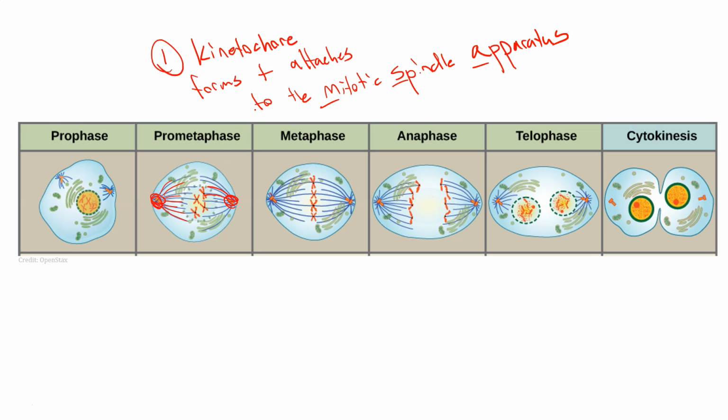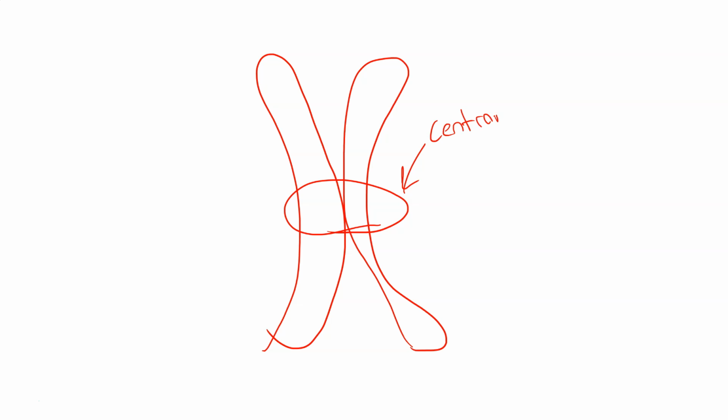Okay, then those spindles, those long tubes, they attach to this tiny little area on the chromosome, which is known as a kinetochore. And just to illustrate where this is found, here's a chromosome, here's a chromosome. This region here where the two sister chromatids are attached is known as the centromere. Not to be confused with the centrosome, which is very confusing. So don't be beguiled.